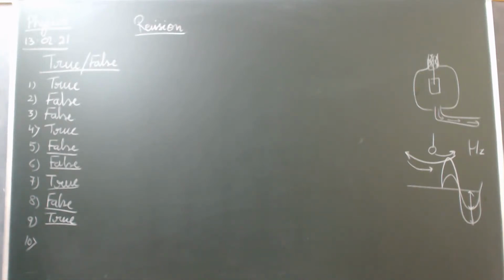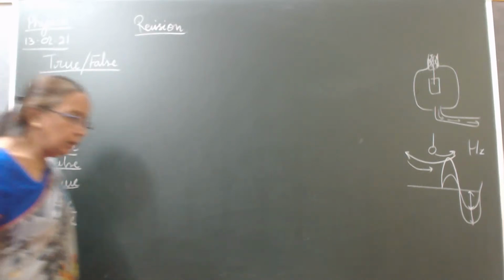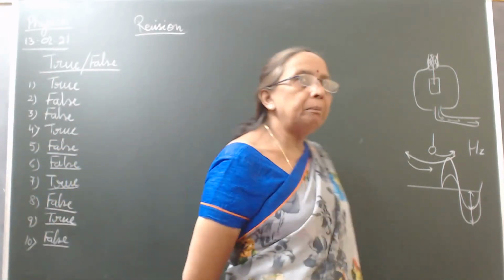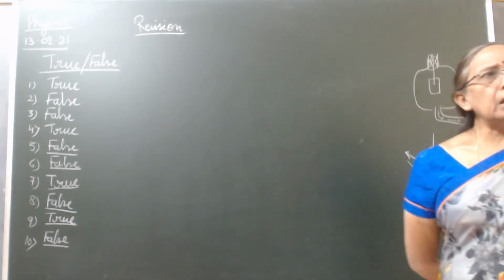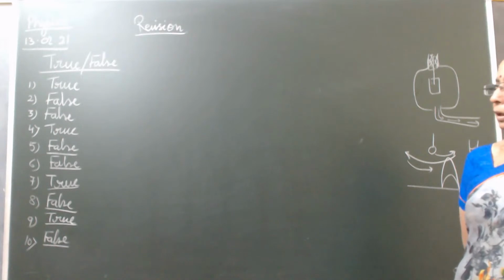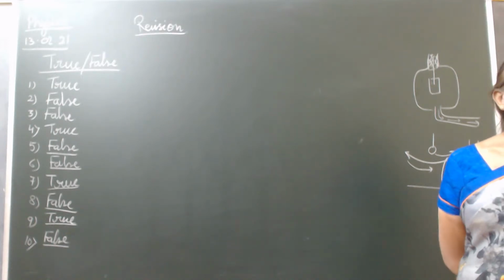Now third one. Lightning conductor cannot protect a building from lightning. It is false, because we put lightning conductors in buildings to protect our building. Sometimes when there are thunders, we can observe lightning in the sky.